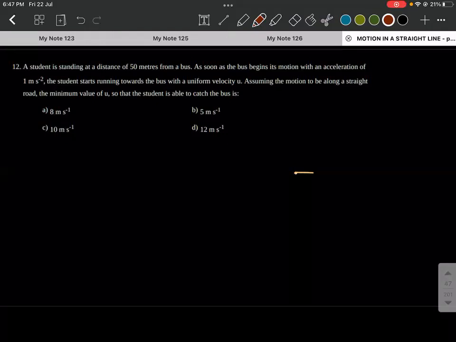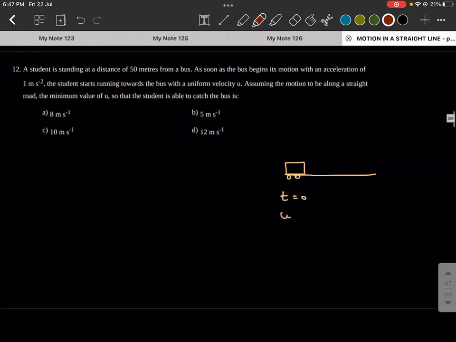So let's say this is where the bus is, and it started at t equal to 0. As soon as the bus begins its motion, its initial velocity was 0. Let's say this is the place where the student got into the bus.